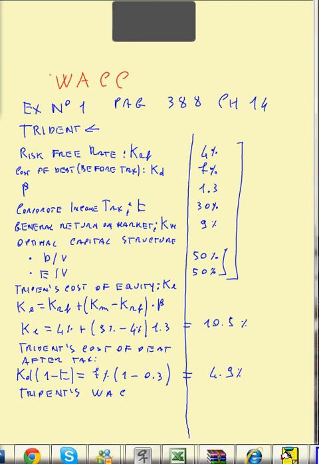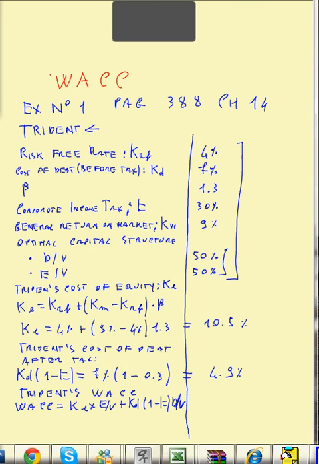We denote by WACC, which is equal to the cost of equity times the ratio between equity and the value of the firm, plus the cost of debt, multiplied by 1 minus T, which is the tax rate, multiplied by the debt over the value, the amount of debt over the value of Trident.